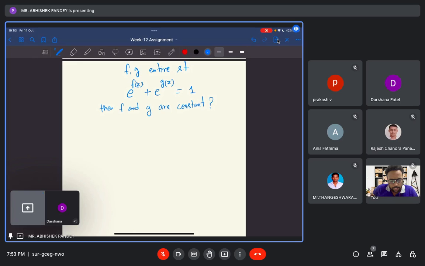Do you have any example where this is satisfied? For f and g constant, this will hold, no problem. But other than constant functions, do you have any example where this holds?